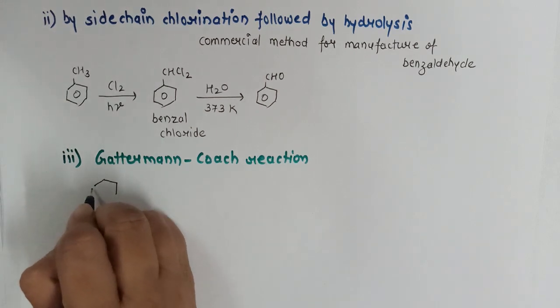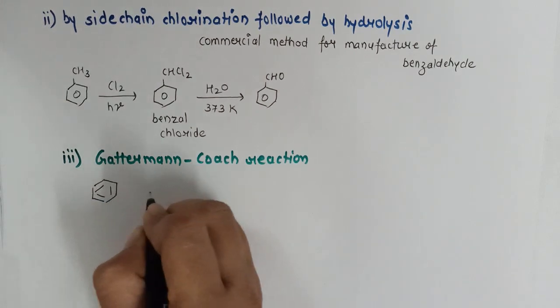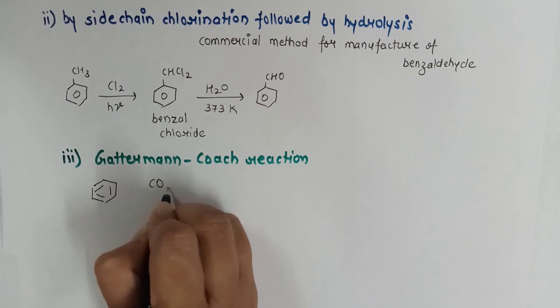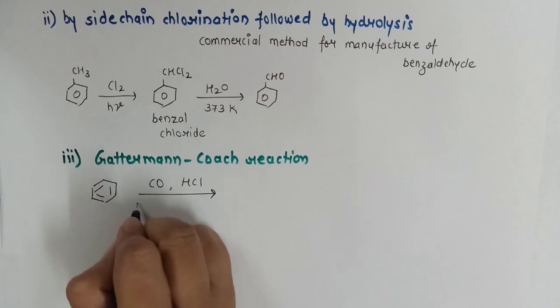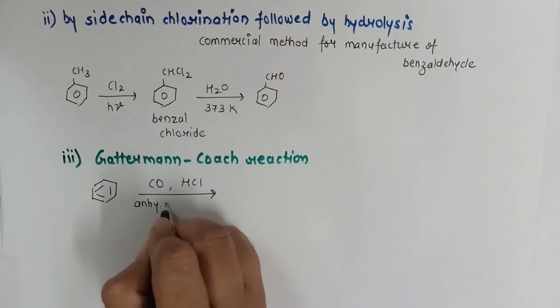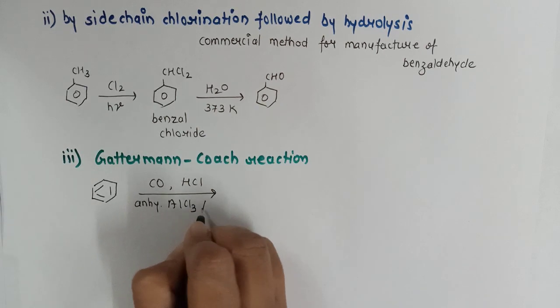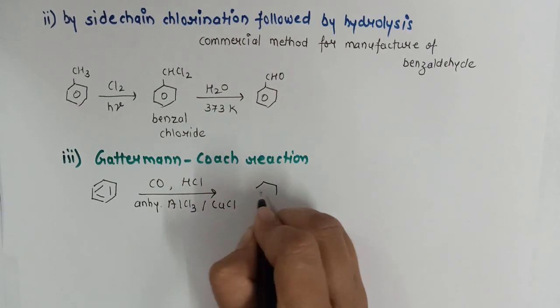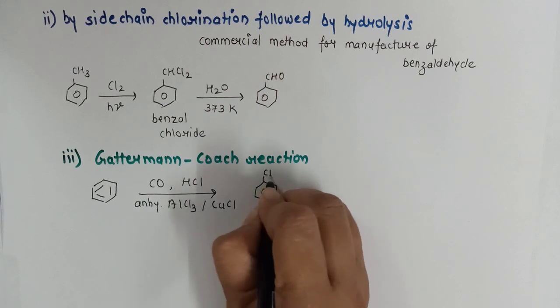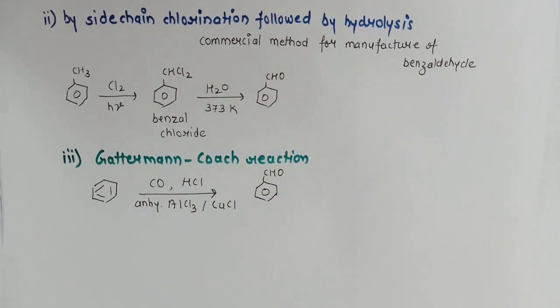It directly starts from benzene, which when treated with carbon monoxide and HCl in the presence of a Lewis acid like anhydrous AlCl3, or even cuprous chloride, directly gives benzaldehyde. Remember, name reactions are one of the important parts of your chemistry board exams. Two name reactions are sure questions for your board exams.